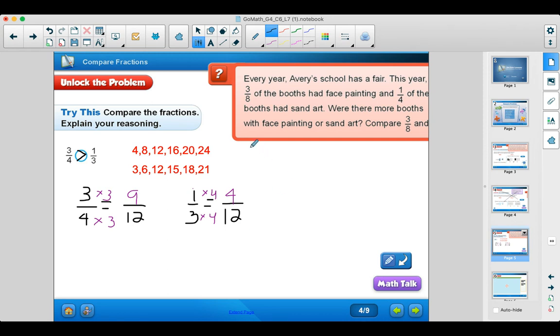Okay, let's do it another way. The way I know most of you find it easier is using the butterfly method. But when you're comparing more than 2 fractions, 3 or 4 fractions, comparing them all, the butterfly method does not work. But for this one, I'll show you again. 3/4, 1/3.